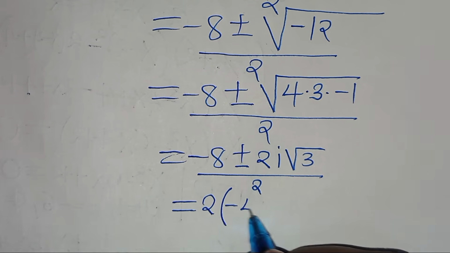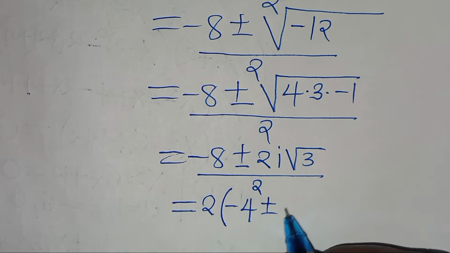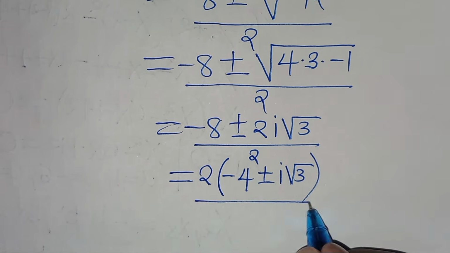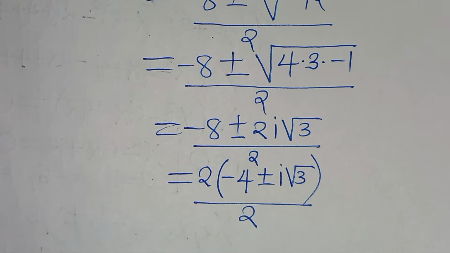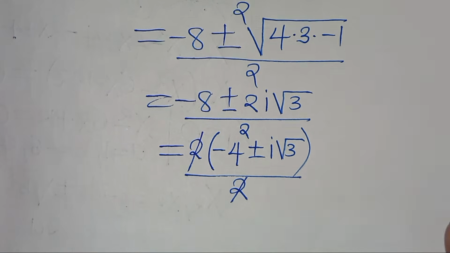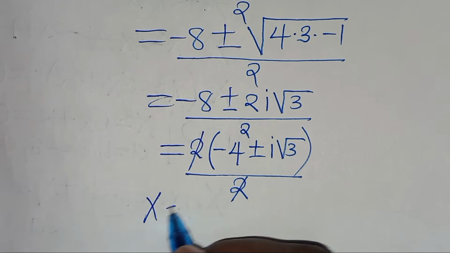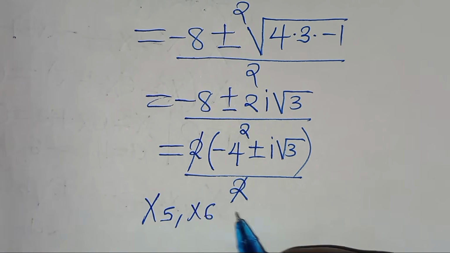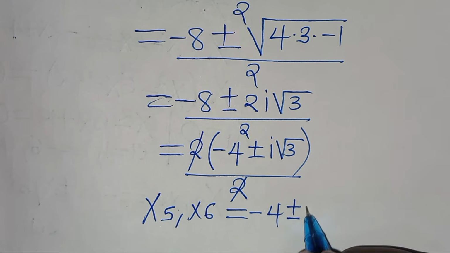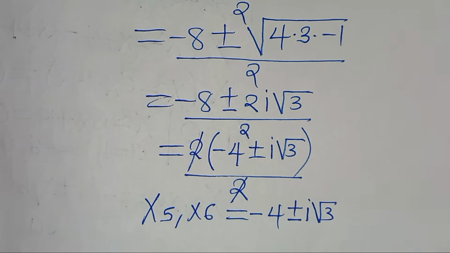We have minus 4 plus or minus i square root of 3, then everything divided by 2. So we can simplify 2 and 2, so that now we have x5, x6 equal to minus 4 plus or minus i square root of 3.